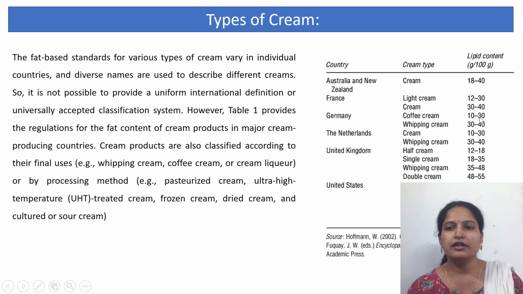In Germany, coffee cream has 10 to 30% of fat, while in Netherlands, cream means 10 to 30% fat, and in United Kingdom we have half cream, single cream, whipping cream, double cream. In United States we have half and half, light cream, whipping cream. So it depends upon their culture and society what name they use for a certain type of cream.